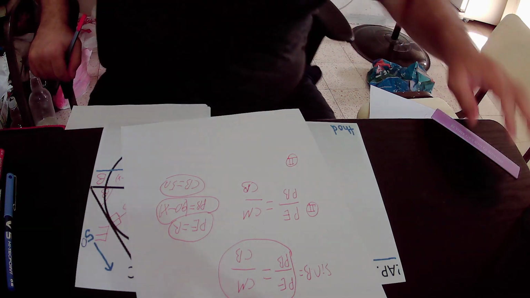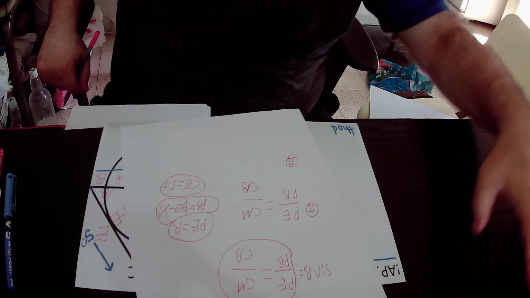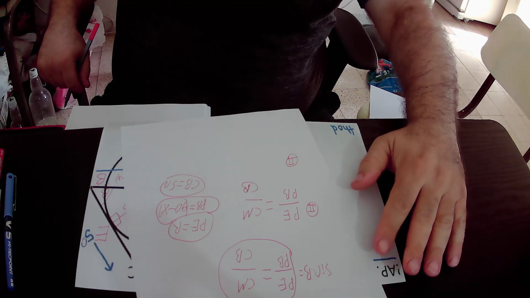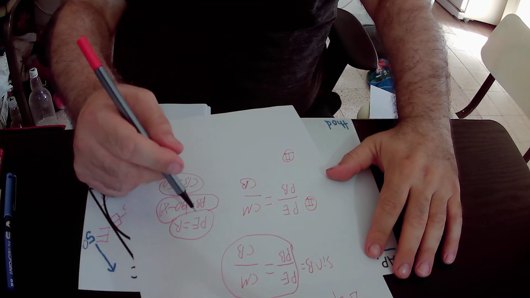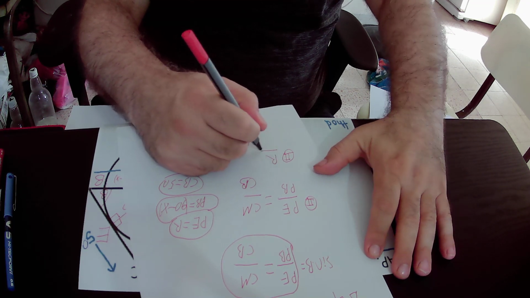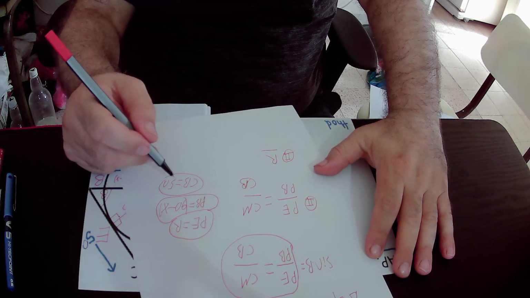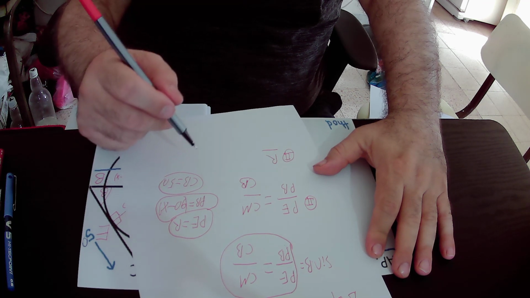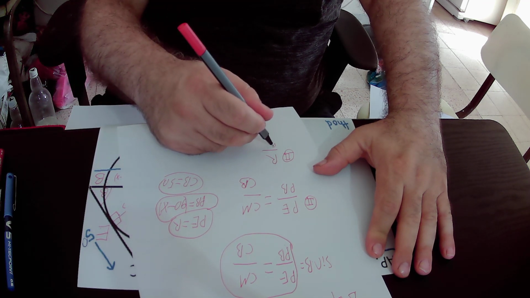So instead of PE, we will write R because PE equals R. Instead of PB, we will write 90 minus 6 because PB equals 90 minus 6.